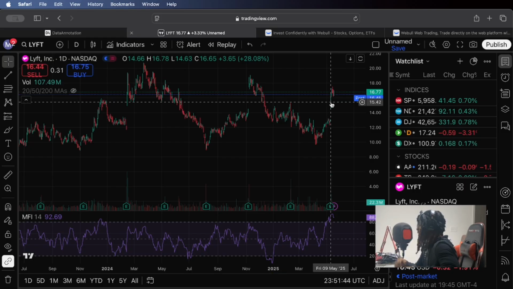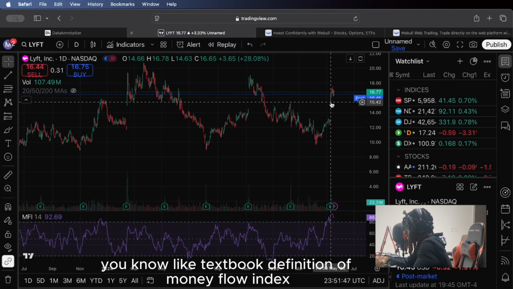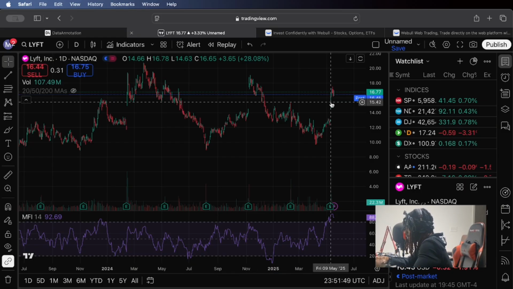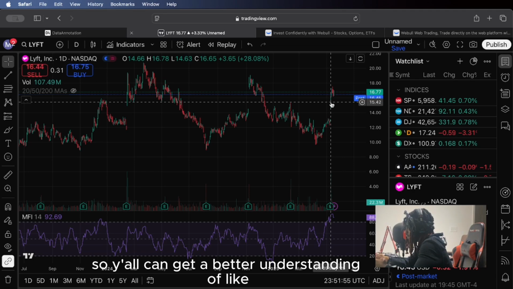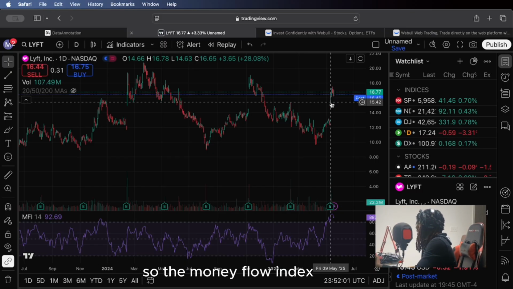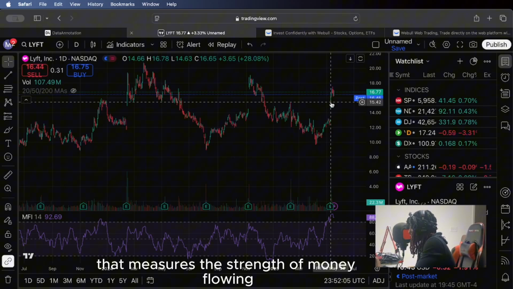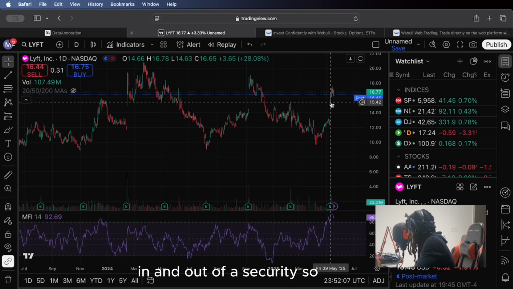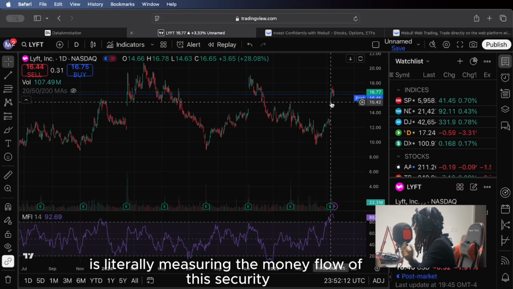Just to give a textbook definition, so y'all can get a better understanding of what exactly this indicator is reading: the money flow index is a momentum indicator that measures the strength of money flowing in and out of a security. So it's literally measuring the money flow of this security.